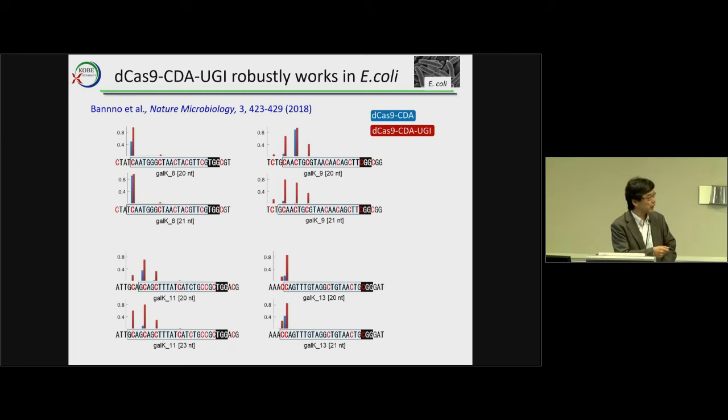You can clearly see the differences. Two things we can observe. Depending on the guide RNA length, mutation spectra are different. And if you utilize the UGI, almost saturation mutation happens. That means a much higher efficiency of mutation compared with just dCas9 and AID. So UGI increases mutation efficiency a lot.